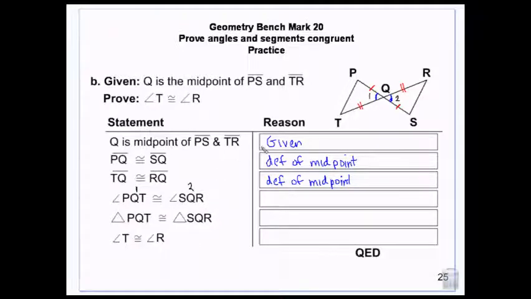So you don't have to do the letters. And they're congruent because they're vertical. And then my triangles are congruent from side, angle, side. And if my triangles are congruent, my parts are congruent because of CPCTC. So corresponding parts of congruent triangles are congruent.